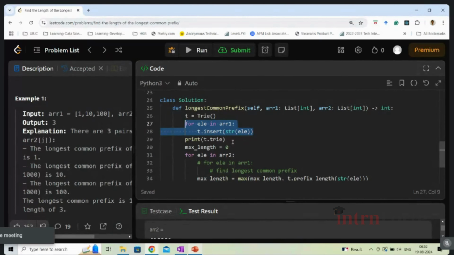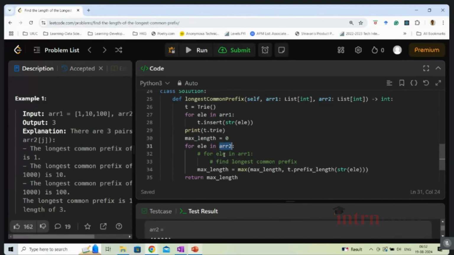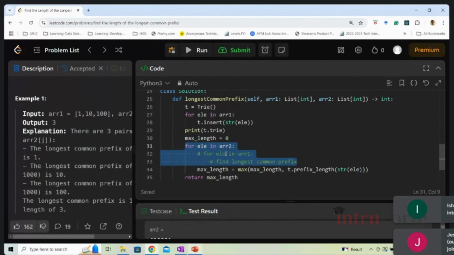All right. Now what we will do is we will loop through every element in array 2. This would have been the brute force approach where for every element in array 2, we compare with every element in array 1, right? But that's not necessary right now.